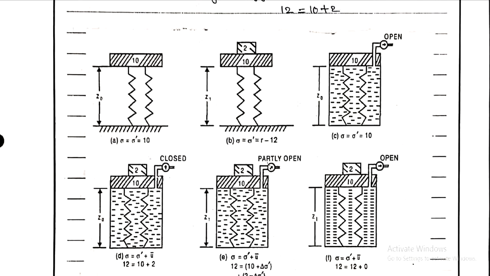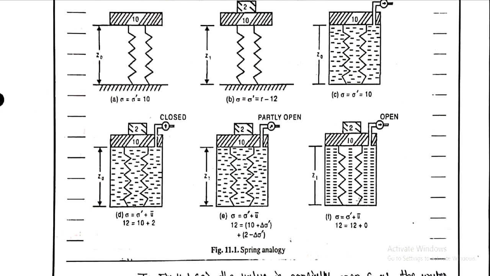If I slowly open this valve, the water is going to expel out. The 2 units of load which was taken by the water initially in case d will be slowly transferred to the springs, so 10 plus 0.1, 0.2, like that. Slowly it transfers to the springs as the water goes out.